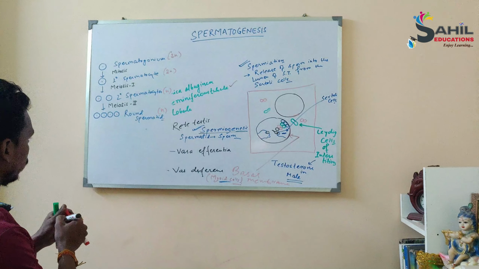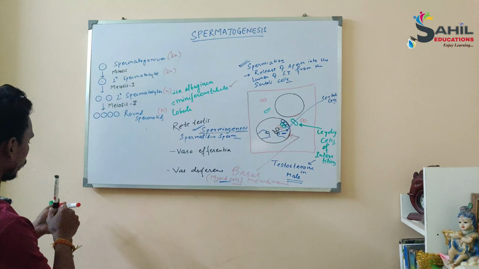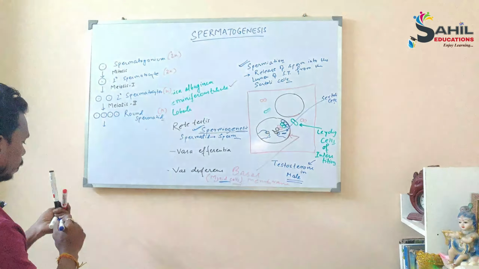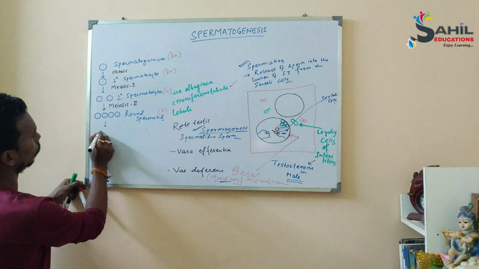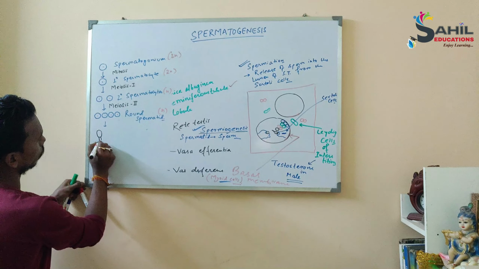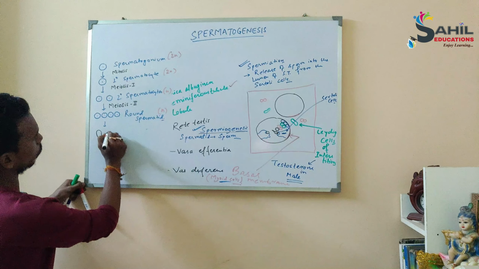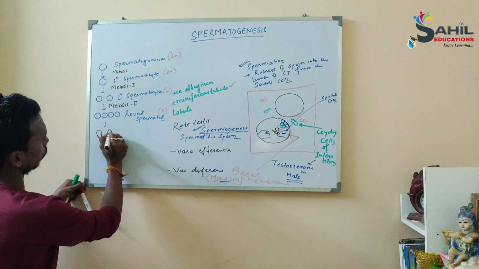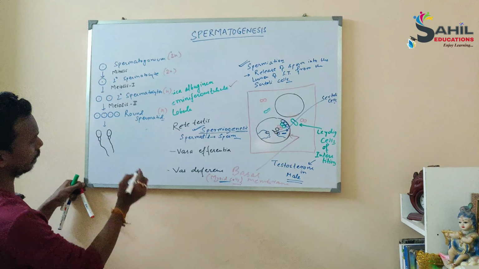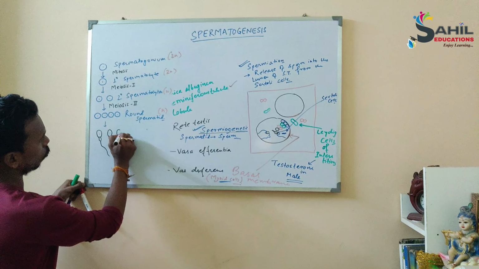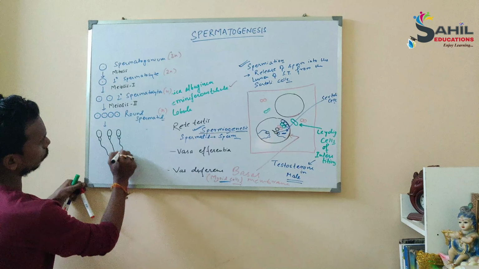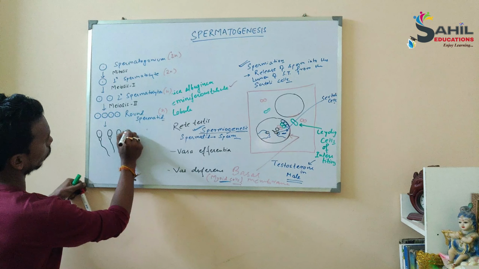So in this process, these cells will get their proper shape, which contains a long tail-like structure, a short neck-like structure, and one head.